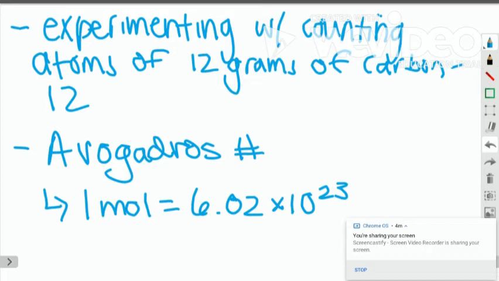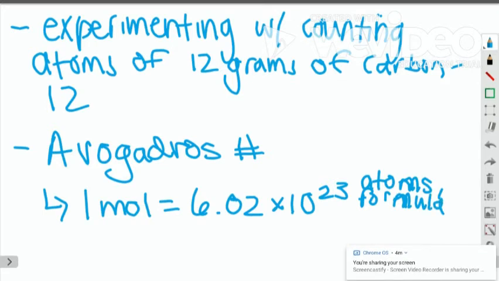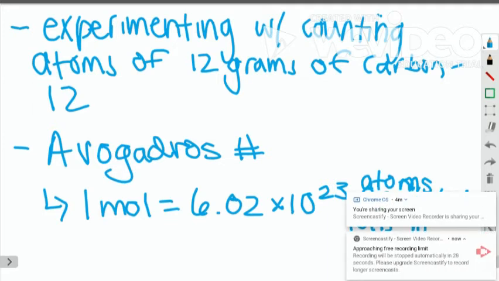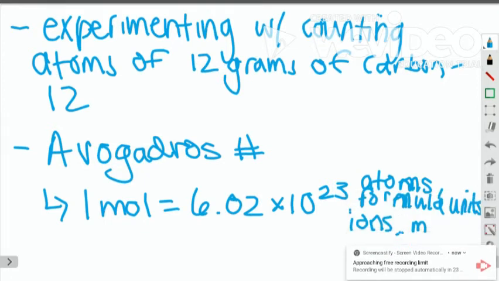So that conversion is 1 mole is equal to 6.02 times 10 to the 23rd atoms, formula units, ions, and molecules.